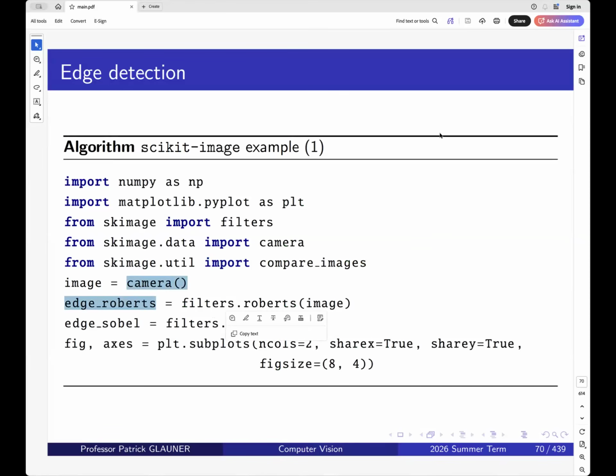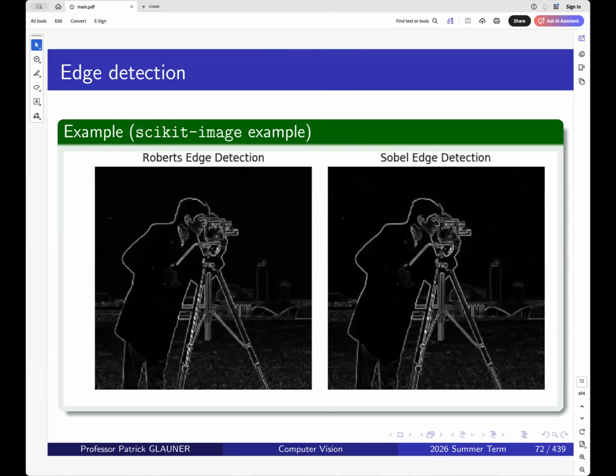And this camera image looks like this, where there's this person using this camera. But what we see here are only the results of the Roberts edge detection and the Sobel edge detection. Roberts works differently than Sobel, but again, it's a very simple one.